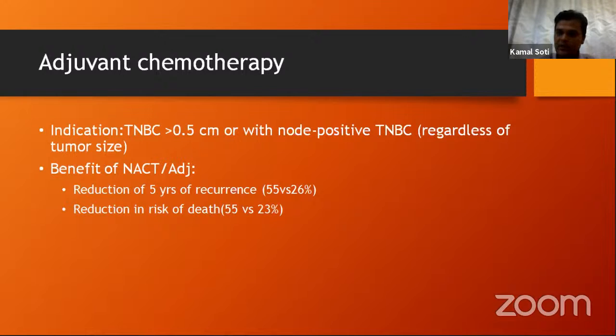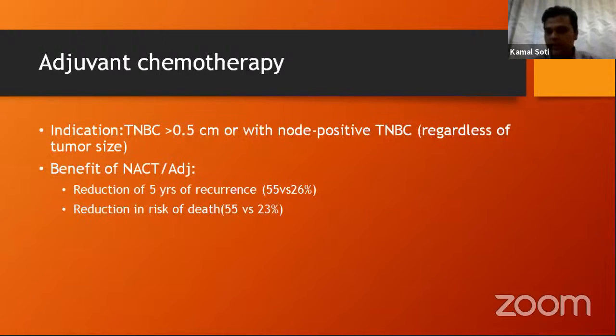Adjuvant chemotherapy is giving chemotherapy after a definitive surgery. Like in our patient, we offer adjuvant chemotherapy when the size of the tumor is more than 5 centimeters, or if the nodes in the axilla are positive, then we give adjuvant chemotherapy irrespective of the size of the tumor.